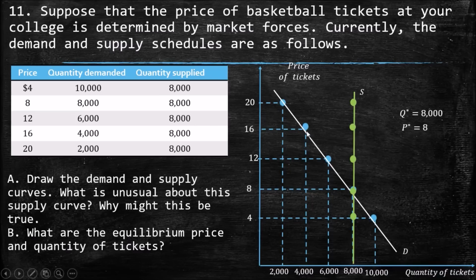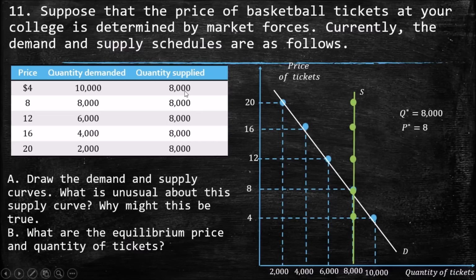It's going to be where the quantity demanded is equal to the quantity supplied. In this case, it's the price of 8. You see here at the price of 8, we have 8,000, where the supply is equal to demand. So why might this be true?